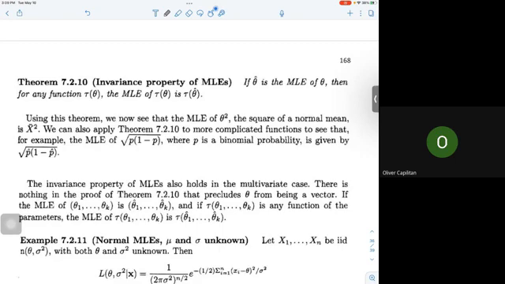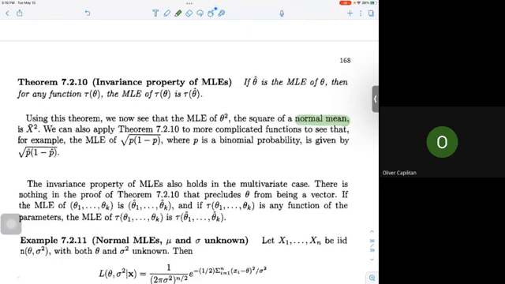Using this theorem, the maximum likelihood estimator of theta square, where theta is a normal mean, is as follows. The maximum likelihood estimator of theta is the sample mean x bar, so the maximum likelihood estimator of the square of theta will be x bar square, using theorem 7.2.10.